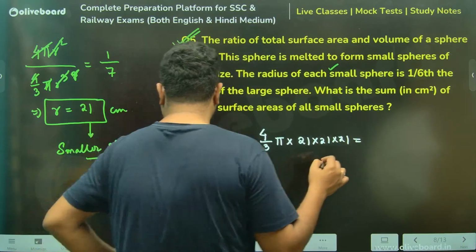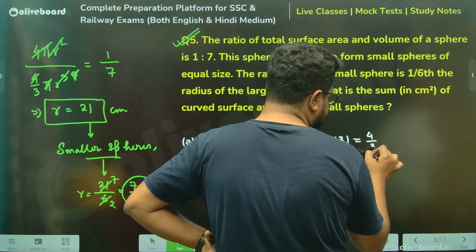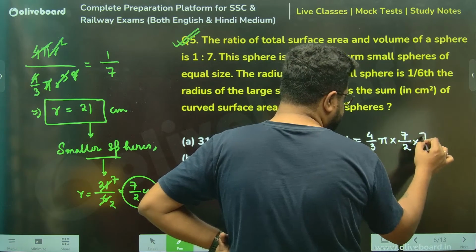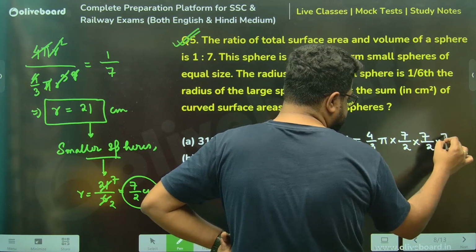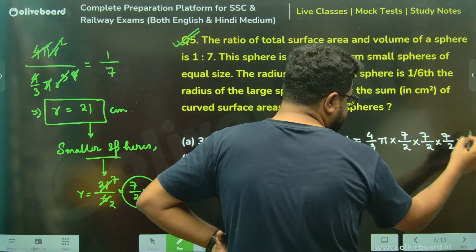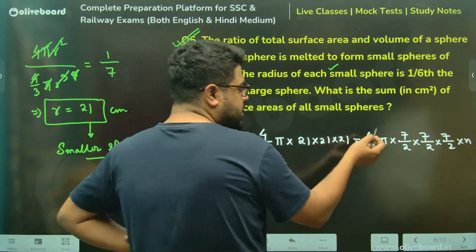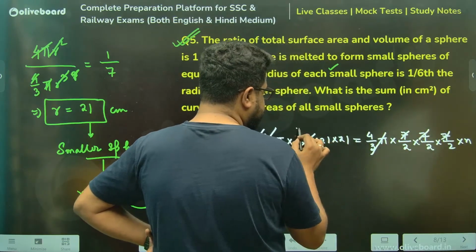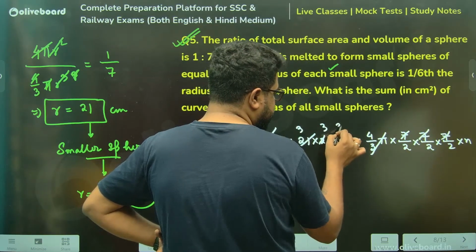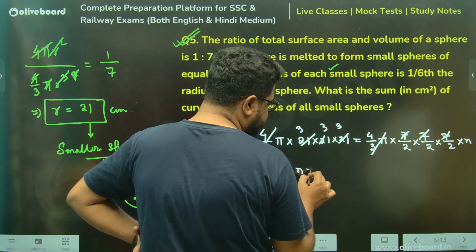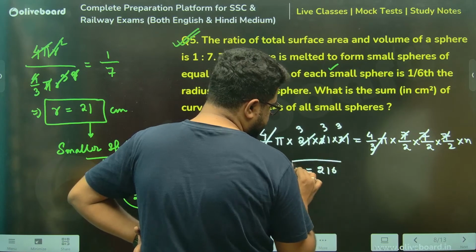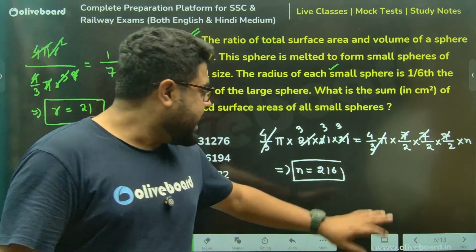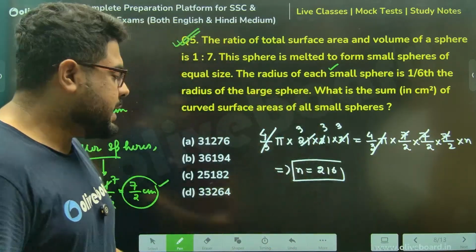That will be equal to the smaller spheres: 4/3 pi, 7 by 2 into 7 by 2 into 7 by 2, because that's the volume of one, into n such spheres. So 4/3 pi gone, 7 7 7 by 3 3 3, so n will be 216, which is 6 cube. So we'll get this many smaller spheres.